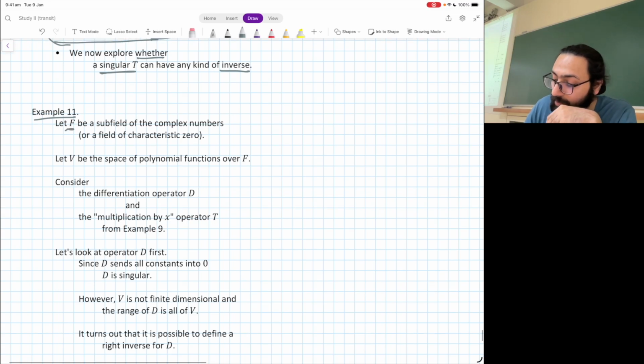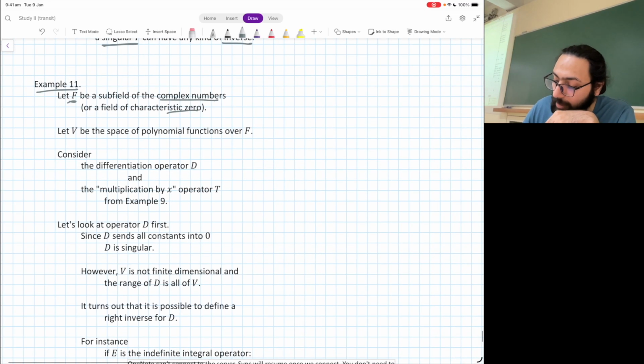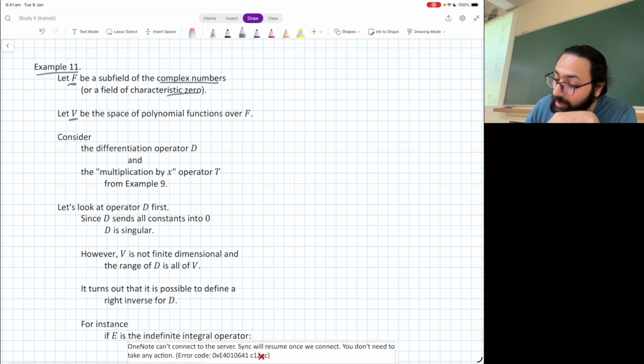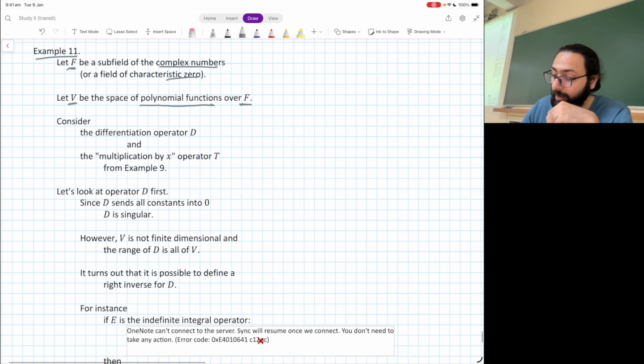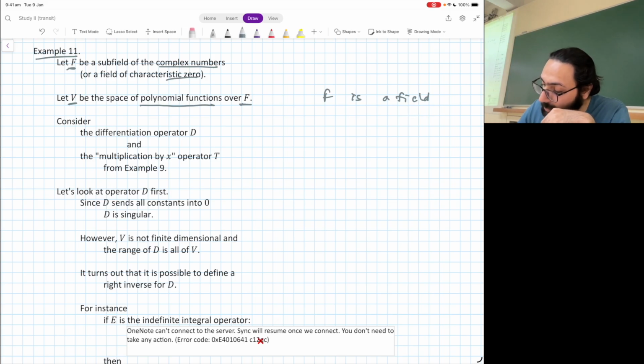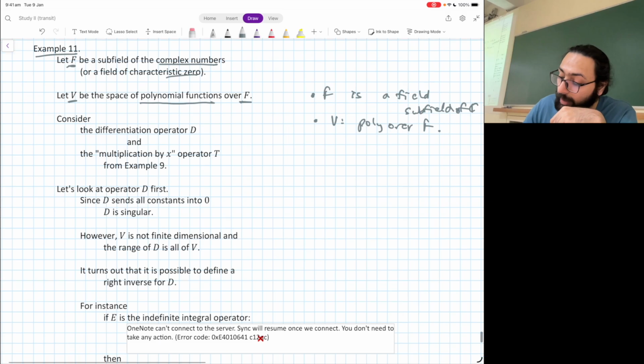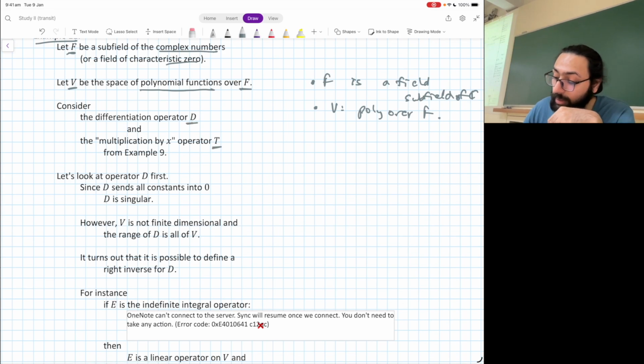Suppose F is some subfield of the complex numbers. We can even pretend it's the complex numbers, that's fine. And let V be the space of polynomial functions defined over the field F. Now we're going to consider the same differentiation and multiplication by X operators that we had considered in one of the examples before.